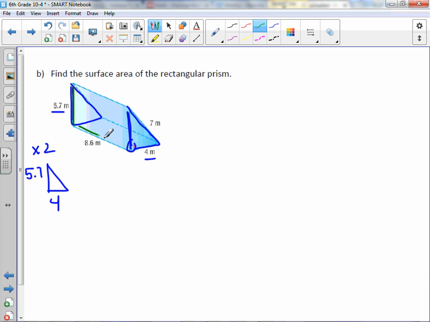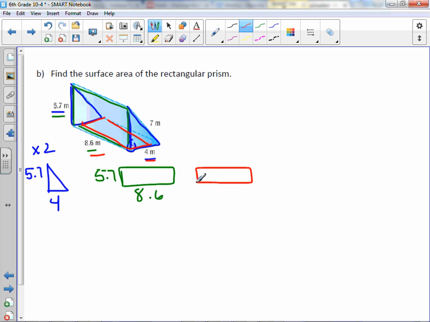Then this back rectangle is 5.7 and 8.6. The bottom rectangle is 4 and 8.6. And this last rectangle is 7 by 8.6.